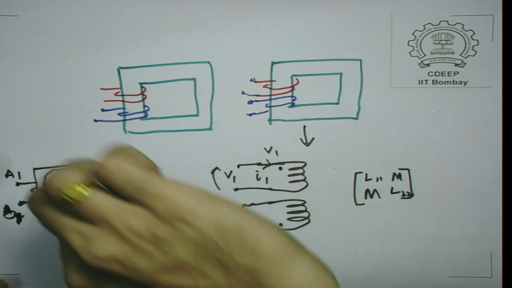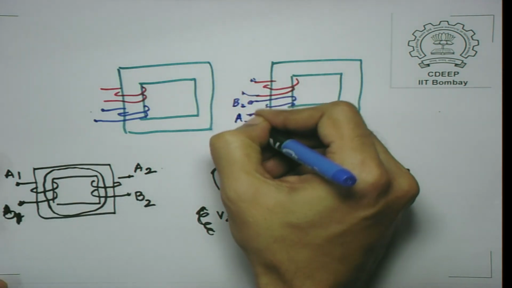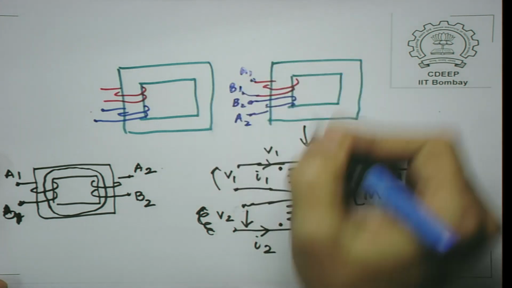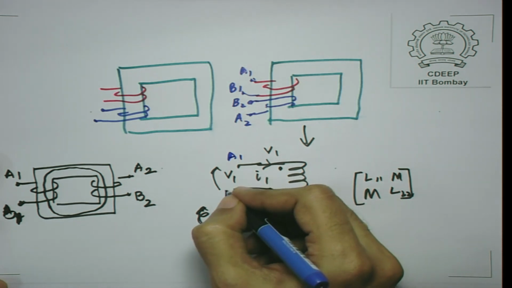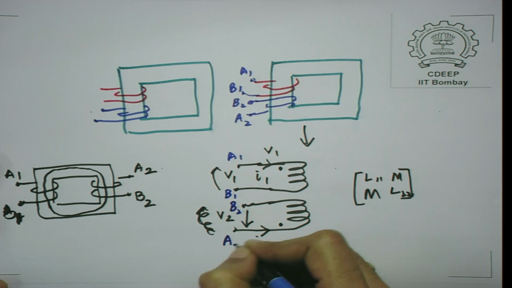If you slide this, this will become B2, this will become A2, this will become A1, and this will be B1. This will be A1, this will be B1, this will be B2 and this will be A2.